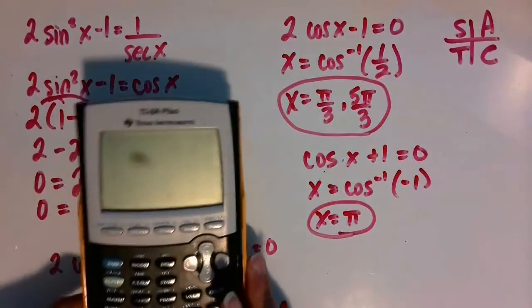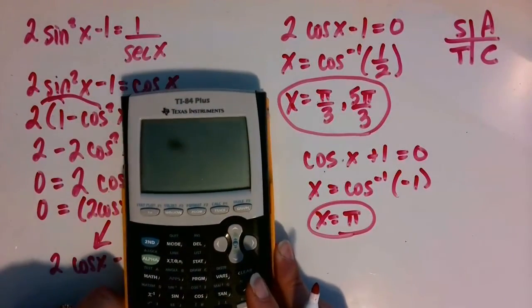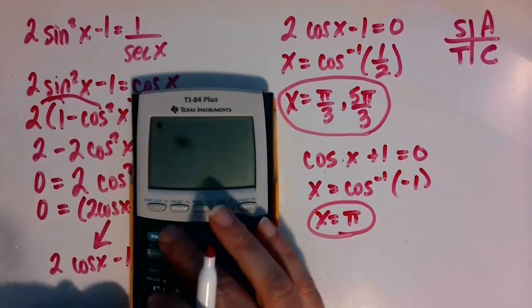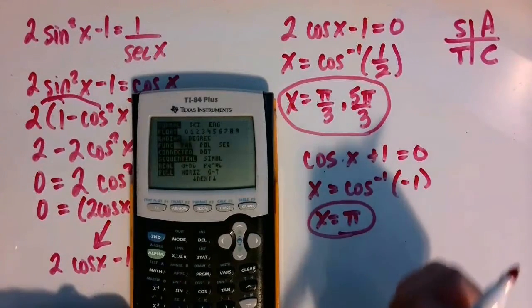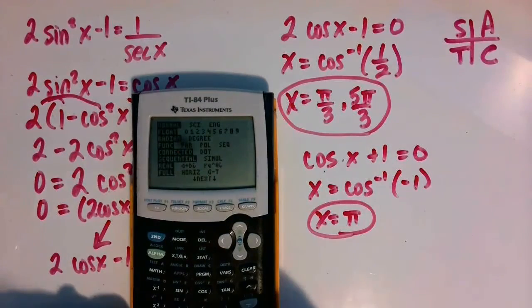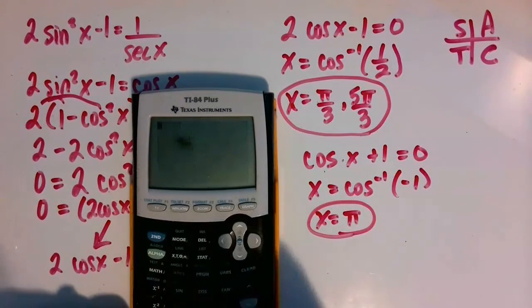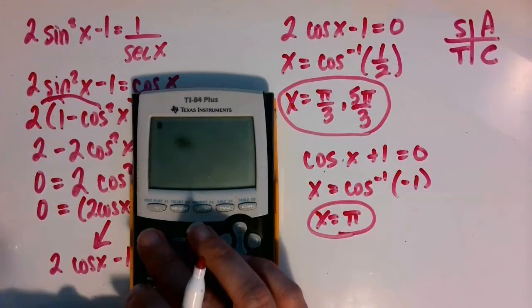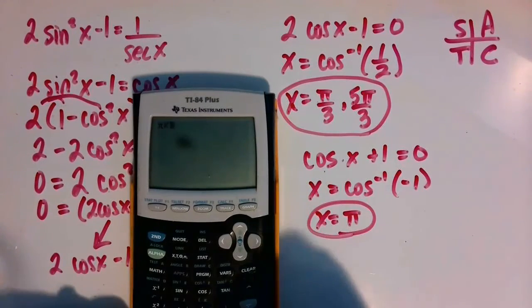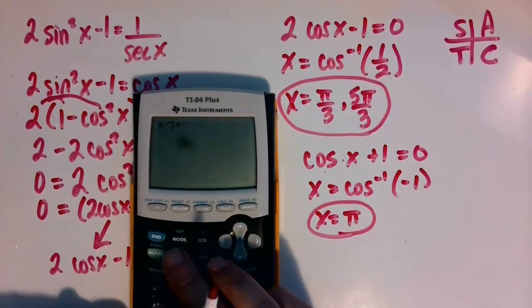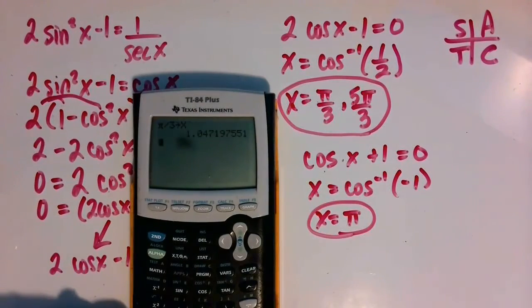So let's go ahead and get our calculator situated here, and we're going to make sure that we're in radian mode, and we are. So we'll start by typing in pi over 3, and we'll store that as the x, and then we'll type in our original equation, which is 2 sine of x, that trig function is squared, then minus 1.